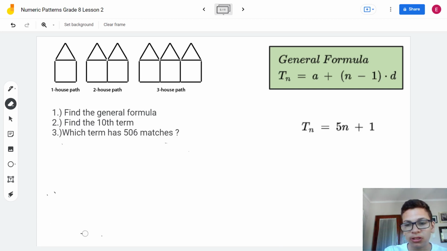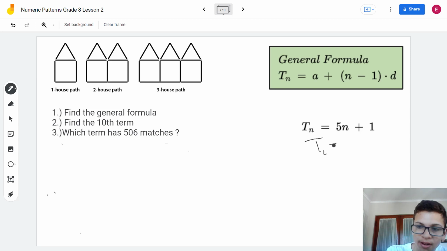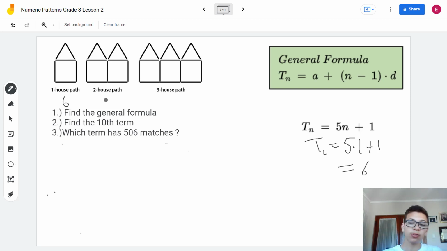T1 equals 5 times 1, because n equals 1, plus 1, which equals 6. And we know that T1 equals 6 here, right? That's 11, and that's 16. And you can do it for n equals 2 and 3. And if you get all the answers the same, that means that you're doing a good job.